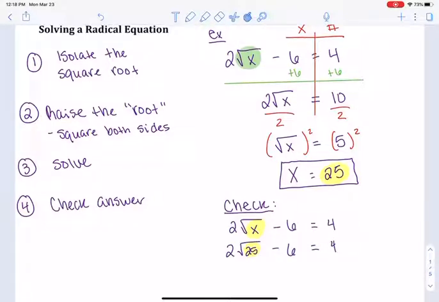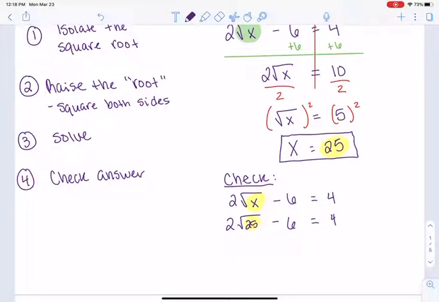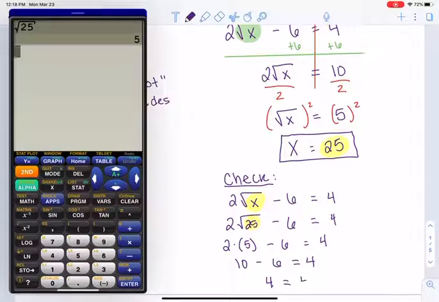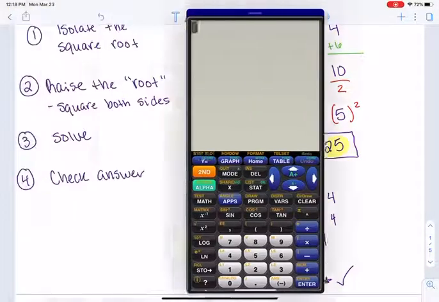Let's use order of operations and start to solve. 2 times, the square root of 25 is 5, and you could check that if you weren't sure. Then minus 6 equals 4. Order of operations tells me I need to take 2 times 5 next, so that would be 10. And 10 minus 6 is 4. Is 4 equal to 4? Yes, so that checks out, and x is equal to 25.